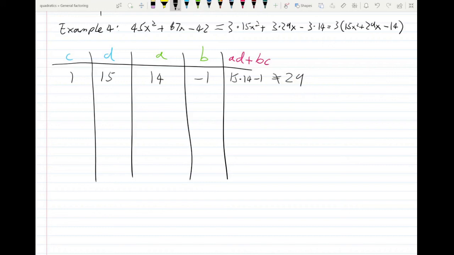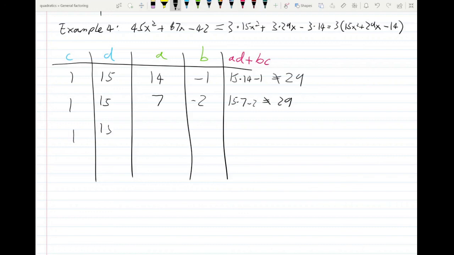Let's try A is 7 and B is negative 2. The same C and D. Well, this gives us also something way too big. We've got 15 times 7 minus 2. Alright, let's keep downsizing.